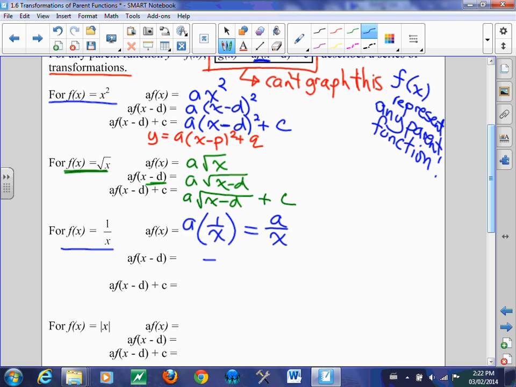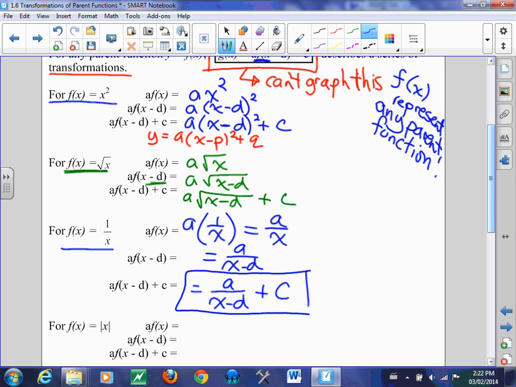So when I go to add the d, remember the d is always attached to the x, so this is going to be a over x minus d. And then to add c, it's going to be a over x minus d and add c. These, ladies and gentlemen, once we've got these final values in here, these are the ones we can graph, okay? These are the ones we can graph because we have specified what the parent function is.